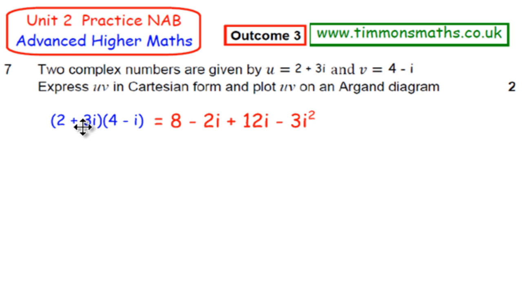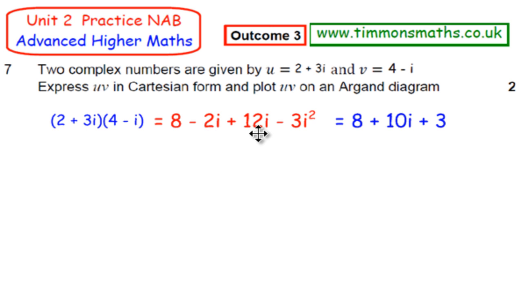And then finally, plus 3i times minus i is minus 3i squared. Minus 3i squared, i squared is minus 1, so the minus 3i squared will become plus 3 at the end.